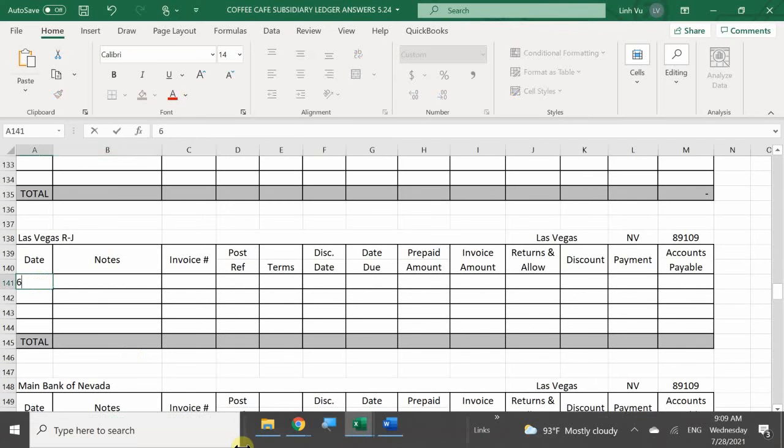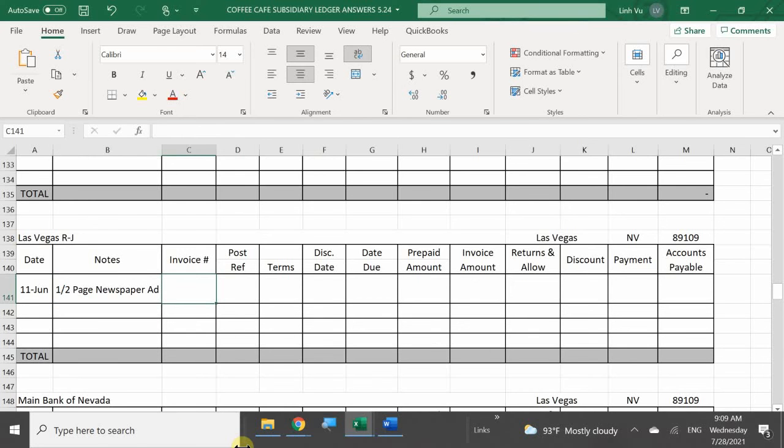Couple tables down. And then this is to run a half page. Invoice number, there wasn't one.